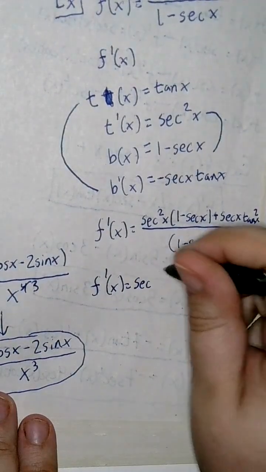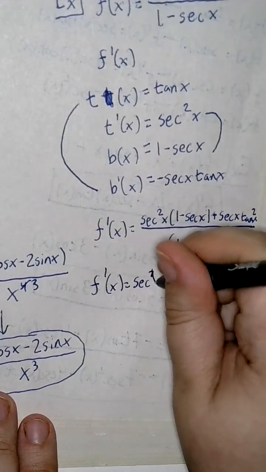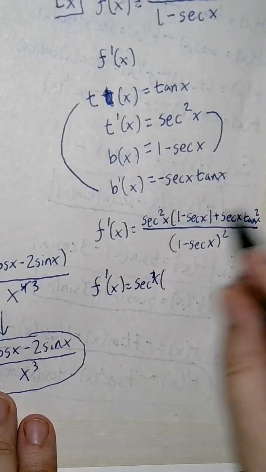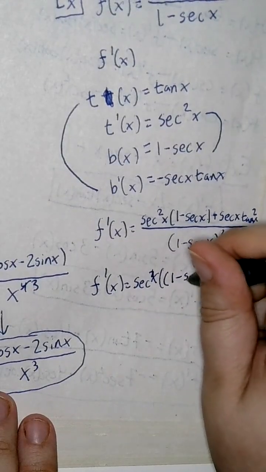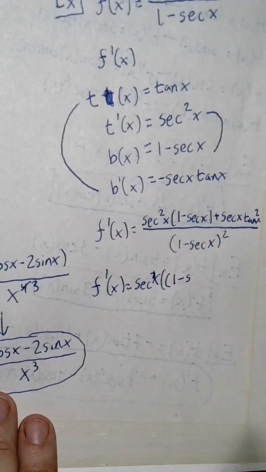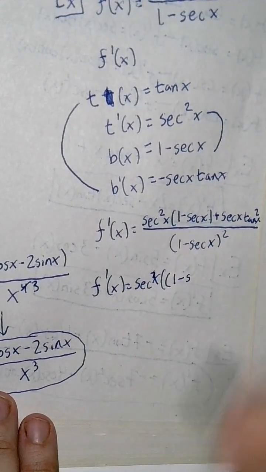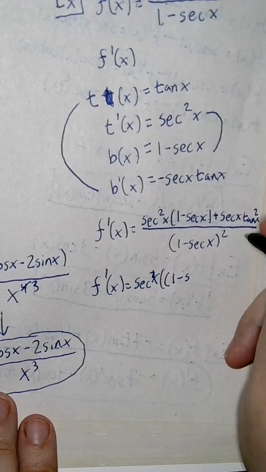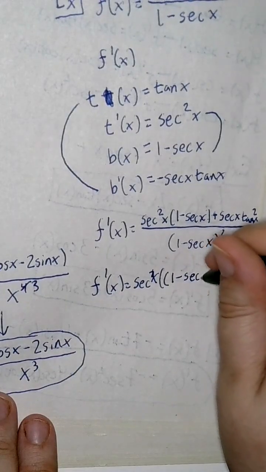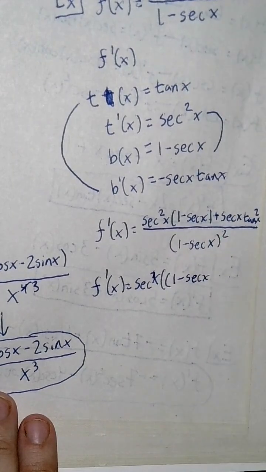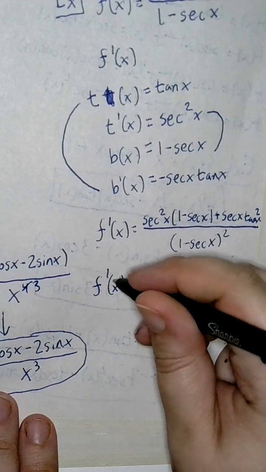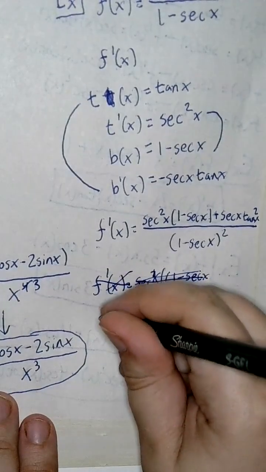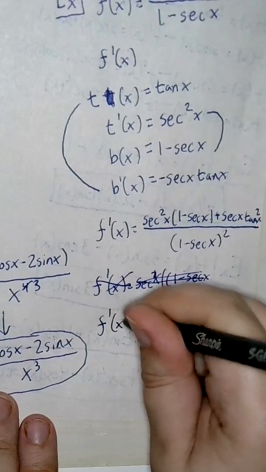Secant squared. Nope, secant x times what I'm multiplying in here. So that's 1 minus secant, 1 minus 1, or, yeah, 1 minus secant x. Nope, that's wrong. Let's try that again. f prime of x.